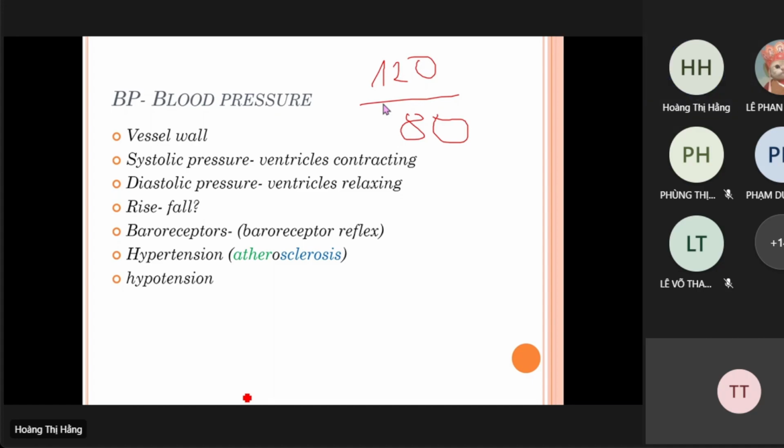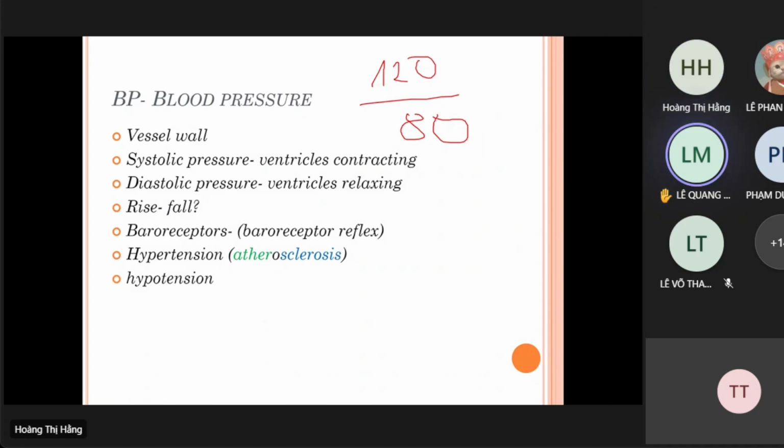Quang Minh. 120 over 80. 120 is the upper number. Is it called? Sure, can you hear me? Really well. 120 is systolic pressure, and the 80 is diastolic pressure. So how can we get the 120 and the 80?